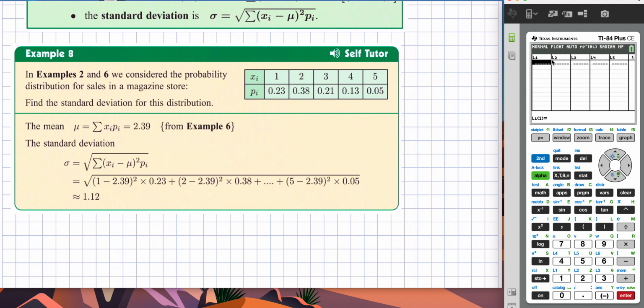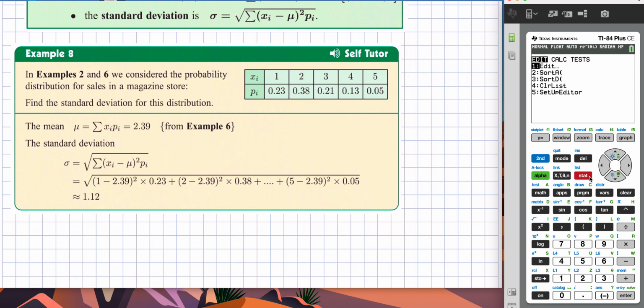So down your list, you'll need to do 1, 2, 3, 4, 5, enter, and then next to it in list 2, put the corresponding probabilities of it occurring: 0.21, 0.13, 0.05.